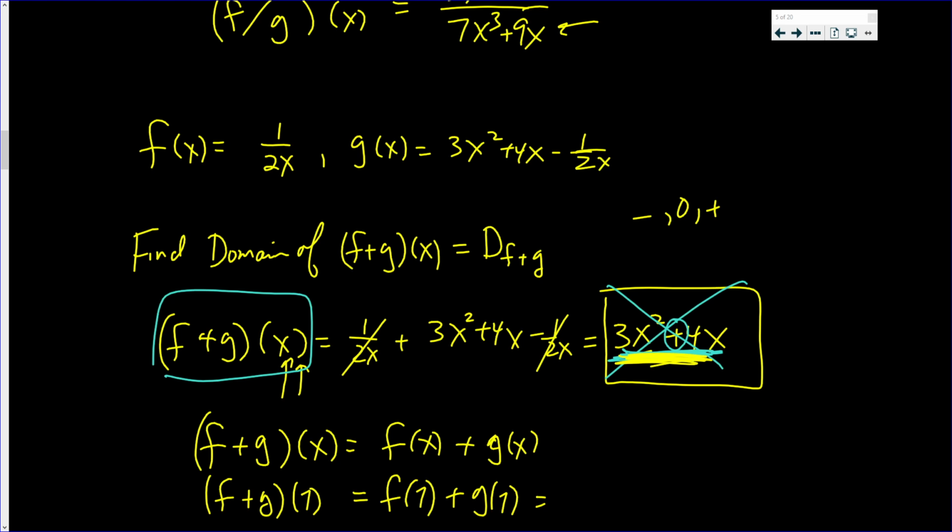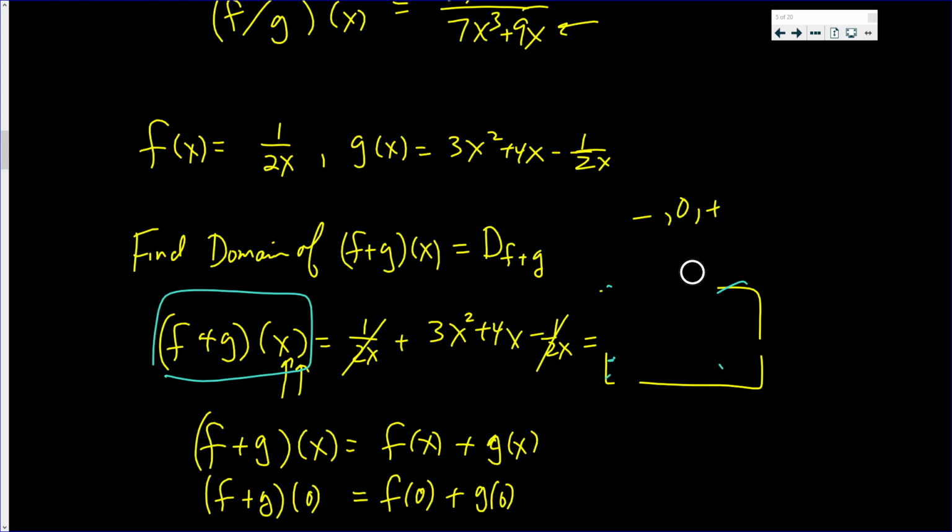Most times that would work, but not all the time. For example, f of 0 and g of 0, they're nonsense. F plus g of 0 makes no sense.